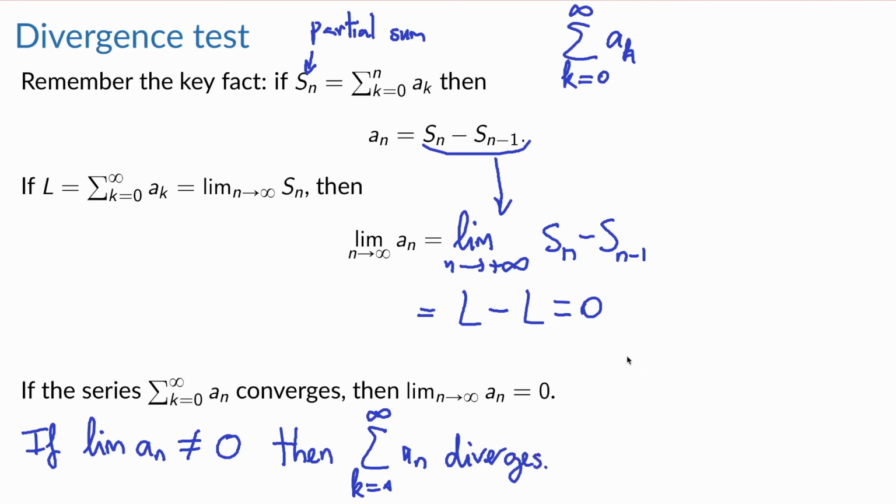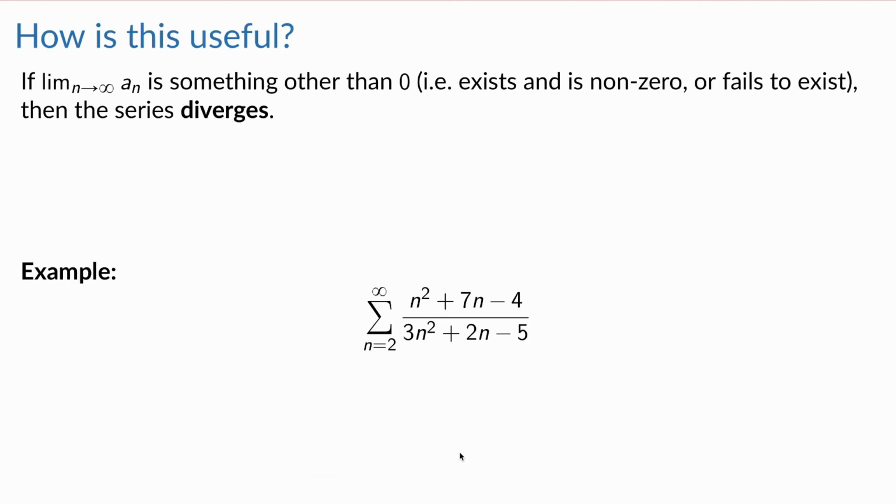And that's precisely the analogous version of what we were talking about with the sidewalk. So if the series converges, then the limit is 0. So if the limit is not 0, then the series did not converge.